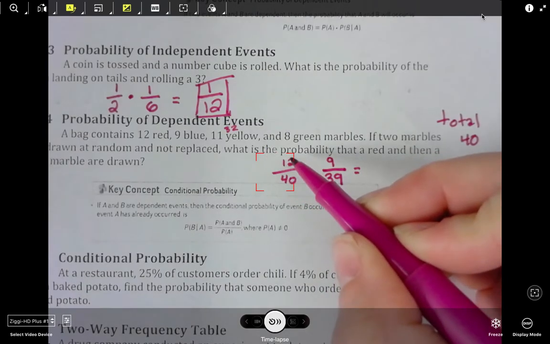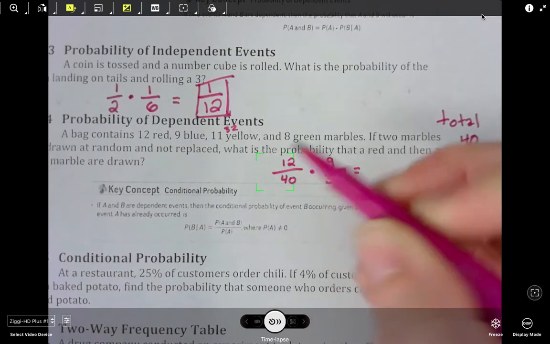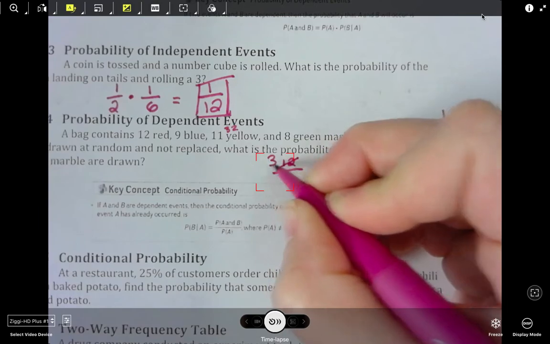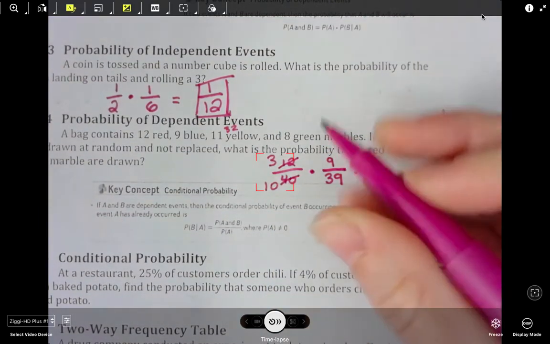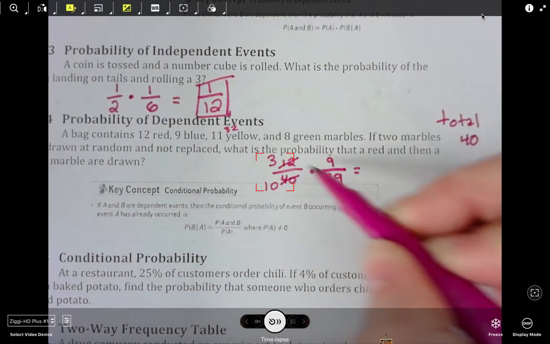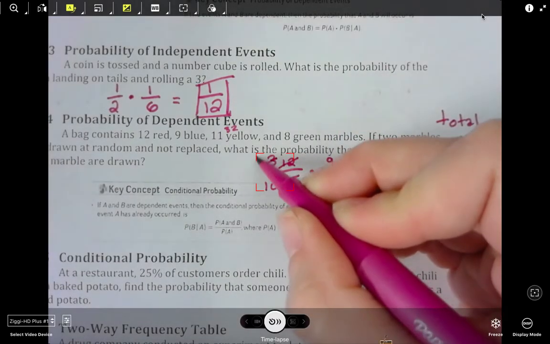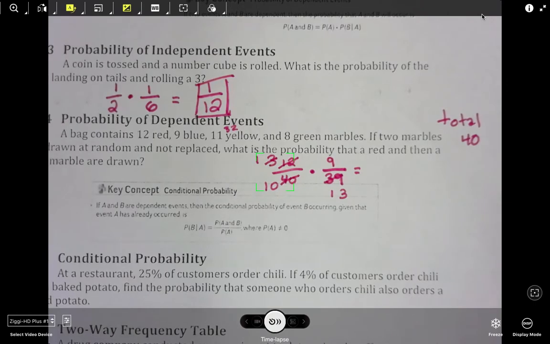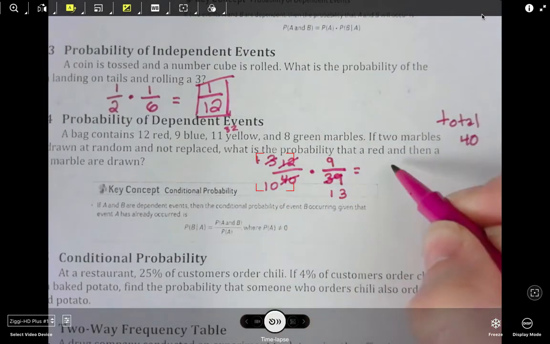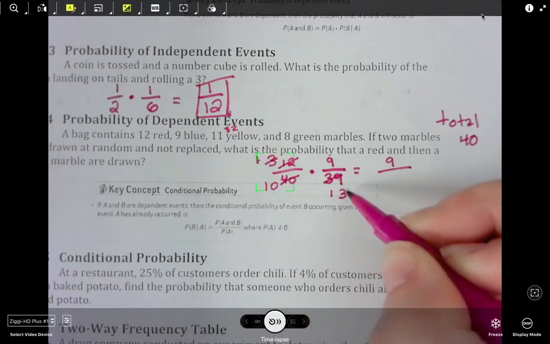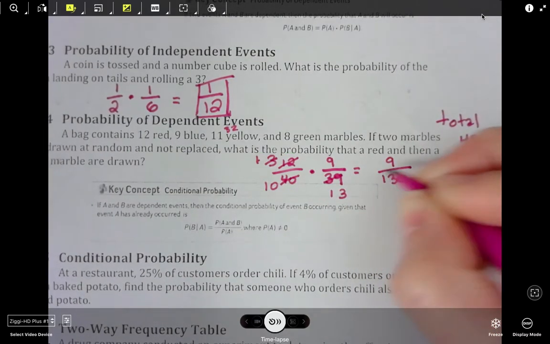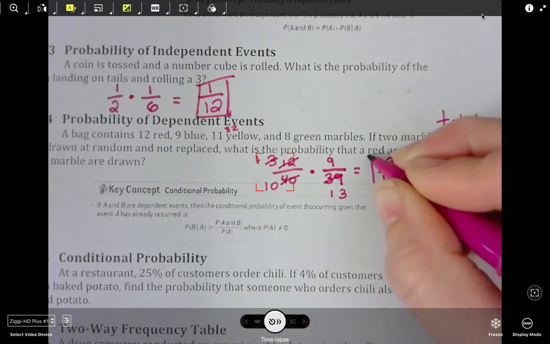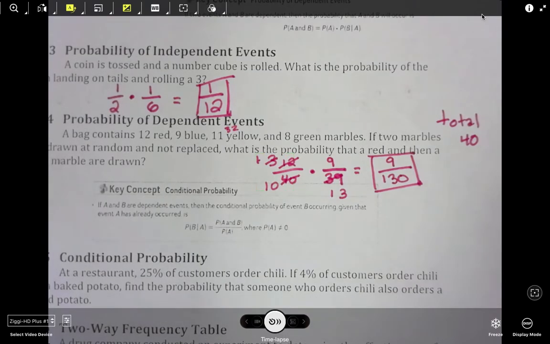If I divide both of them by 4, this becomes 3 and this becomes 10. And then 9 and 39 will reduce. So this becomes a 3 and this becomes 13 when I reduce them. And I think that's all I can do. So 3 times 3 is 9, and 10 times 13 is 130. So I have a 9 in 130 chance that if I draw 2 marbles, 1 right after the other, the first one will be red and the second one will be blue.